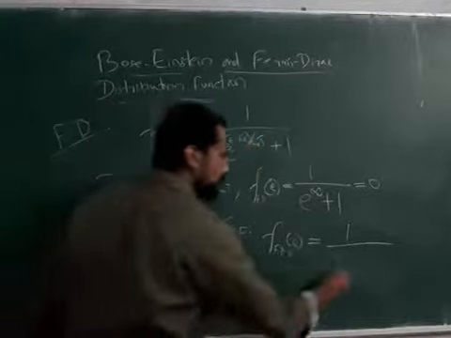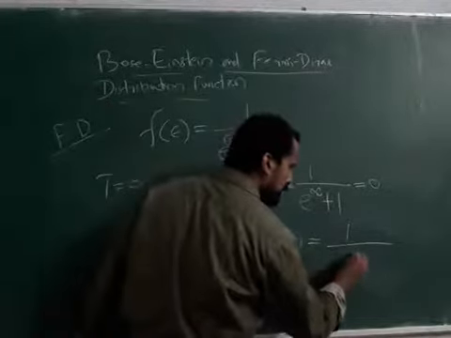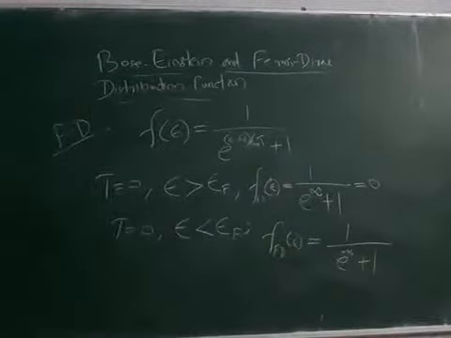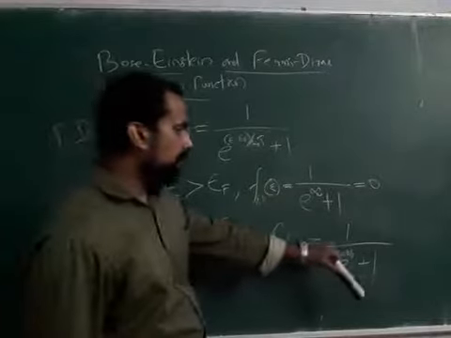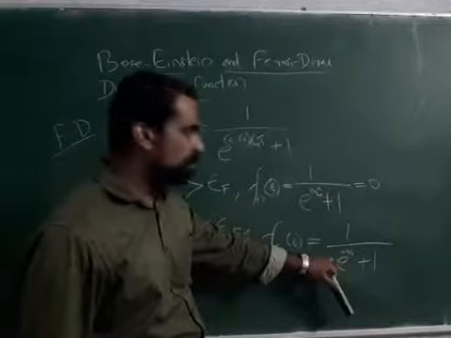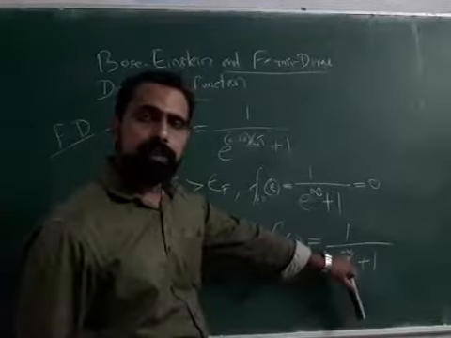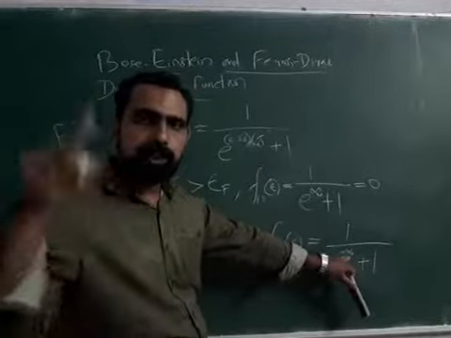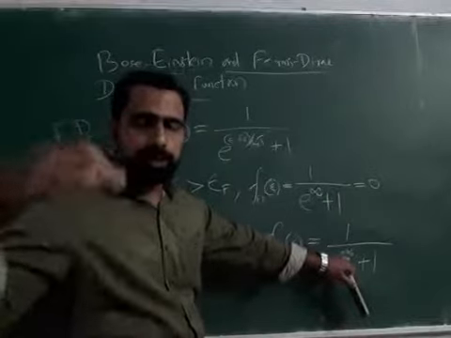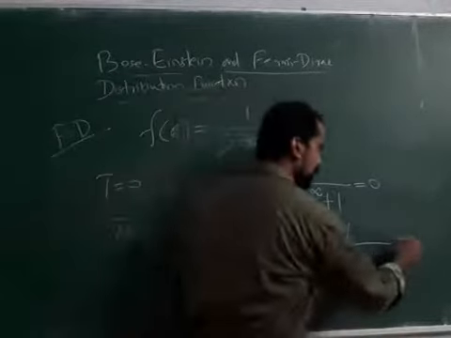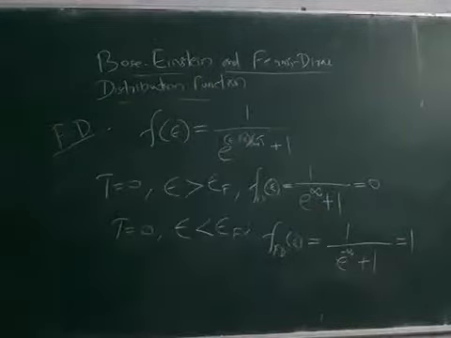So you will get e raised to minus infinity plus 1. e raised to minus infinity gives 0, because 1 by a huge value will be 0. So 1 by 1 we will get 1.